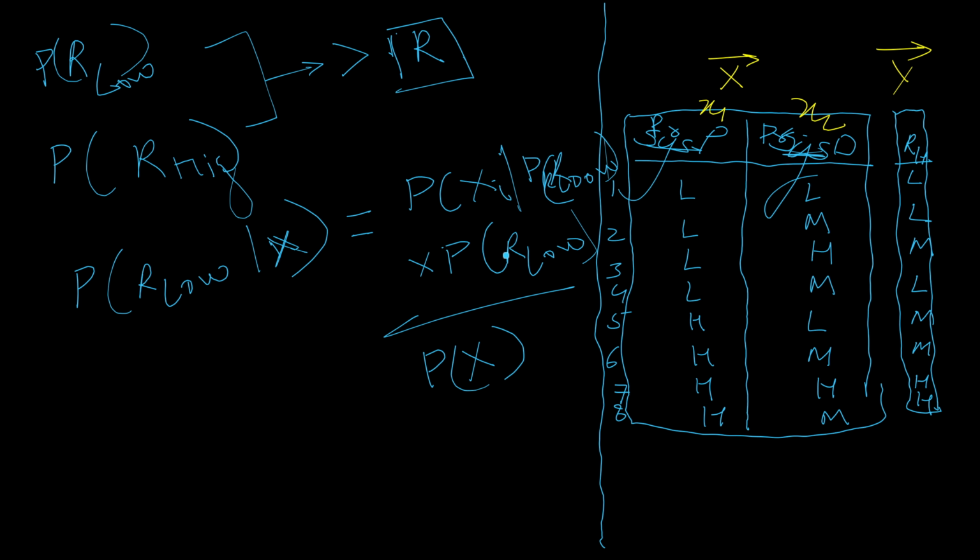Okay, let's call it xi, given an xi, a particular data set. It's not a complete x vector, but a given x. So this is again your posterior probability, this is your evidence, okay, this is your prior probability of R low, and this one is your likelihood.